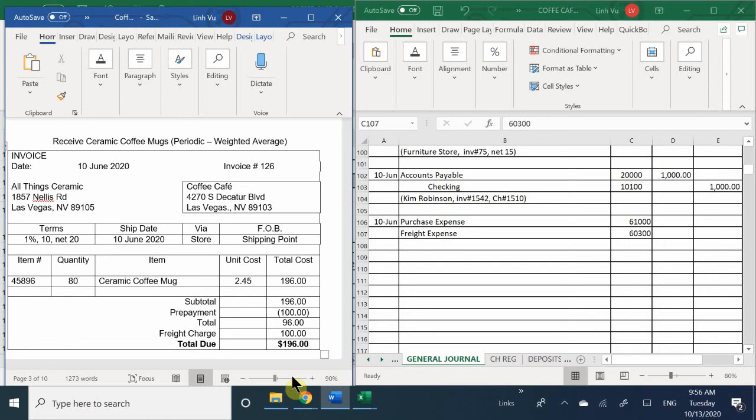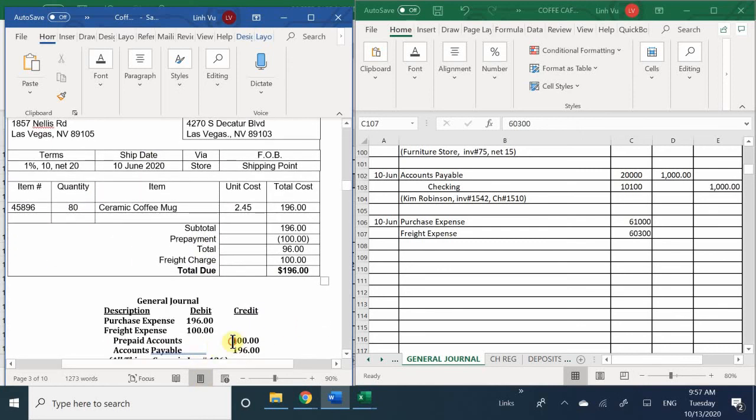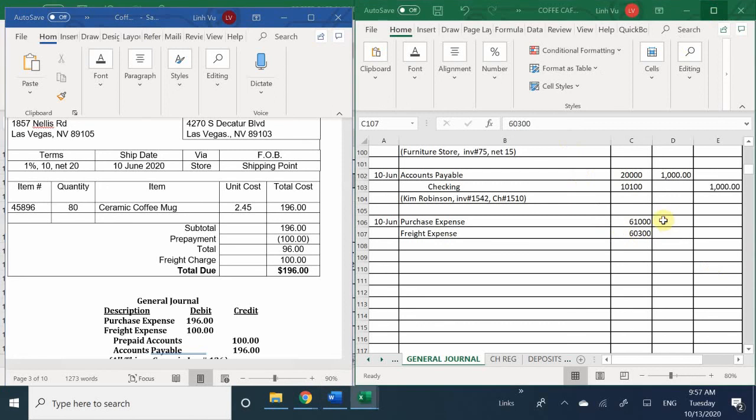So in this case, we need to recognize that our total amount that we actually owe is going to be $196. And our prepayment of $100 is going to go towards the amount that we owe, right? So our total purchases was $196, correct? And our total freight was $100.